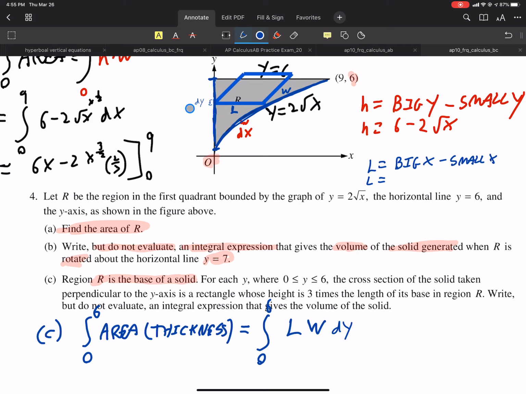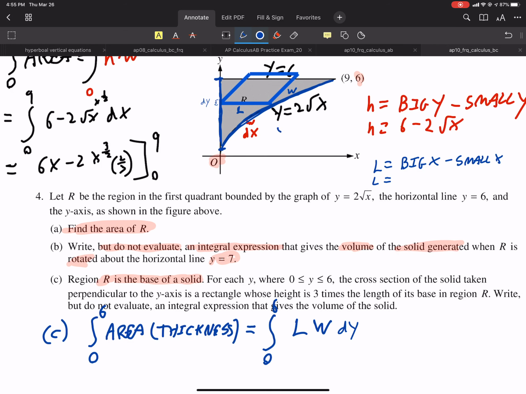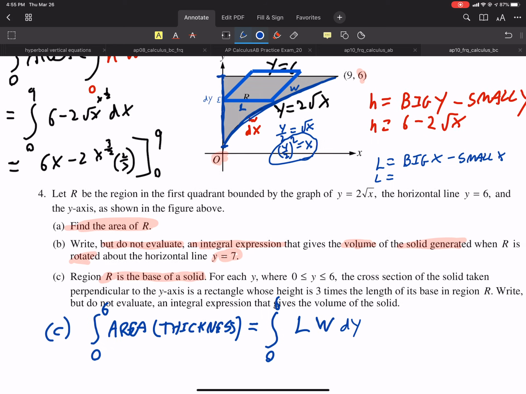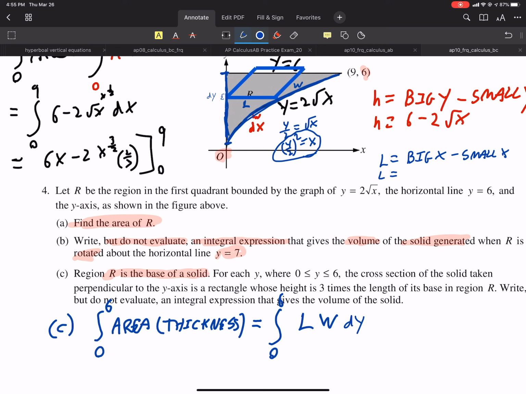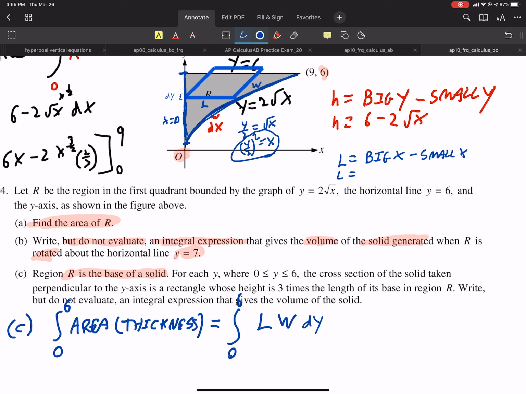So as you move left and right, X changes, not Y. So to get this distance, you need the value of X here minus the value of X here. So we need to divide both sides by 2 and then square both sides. This is the value of X, big X. And the value of X right here on this line, X is 0. So big X will be y over 2 squared. Small x will be 0.